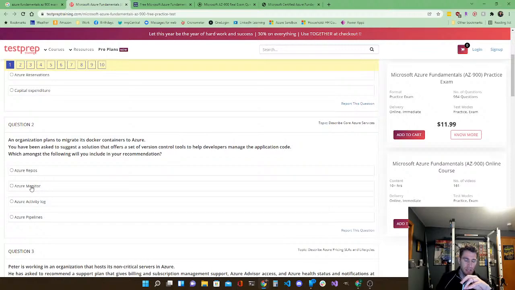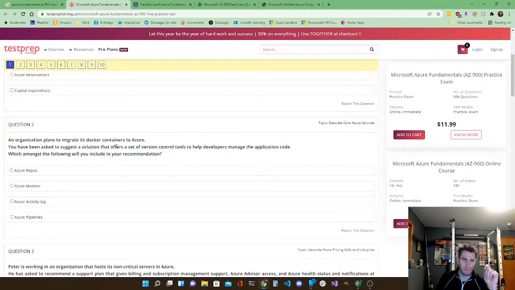Monitor is something that comes in pretty much all Azure services to help monitor compute resources. Azure Activity Log, I don't know if that goes along with Monitor and Application Insights. I haven't really heard about that one in particular.